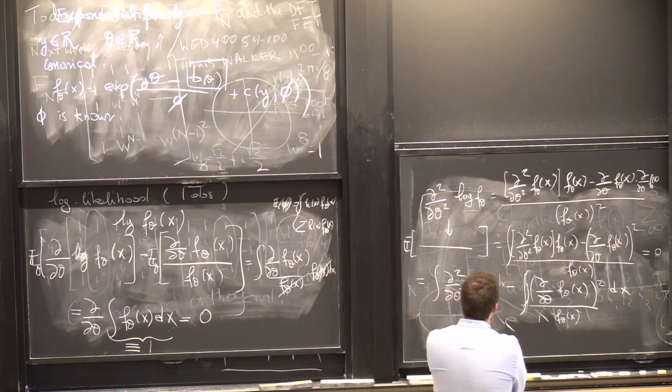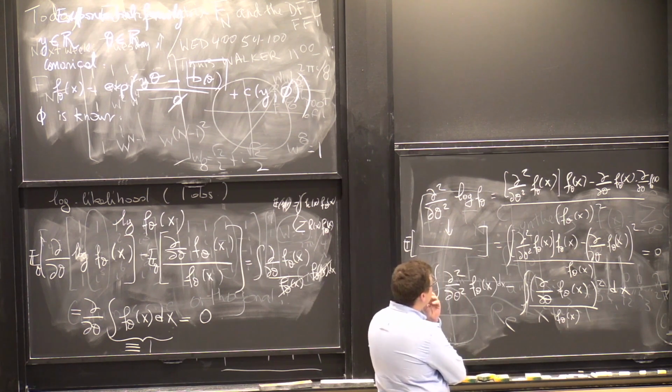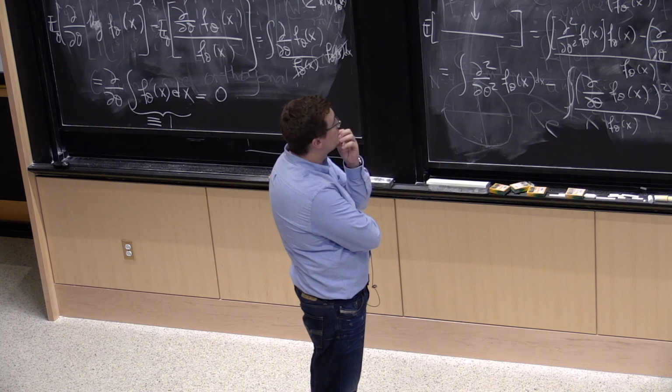Yeah, so I want to pull this out. And so let's see. If I keep rolling with this, I'm going to get that, well, no, because the fact that it's divided by f theta means that indeed the second derivative is equal to 0. So I cannot do this here.